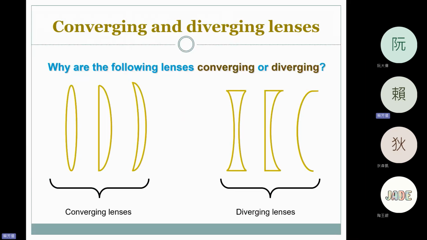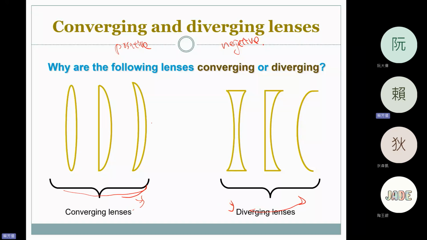Here it shows the convergent lens and the divergent lens. Sometimes we say a positive lens, and this is a negative lens. All of the left side are convergent lenses, and all of the right side are divergent lenses. So how do you identify which lens is convergent or divergent?